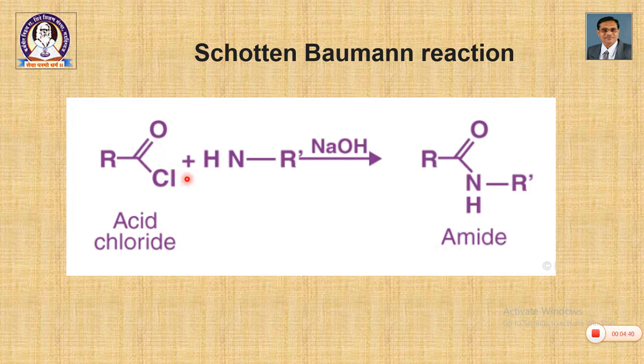With an aliphatic secondary amine, NH, you have this possible reaction. The reaction is RCOCl, acid chloride, and the secondary amino group NH with R1 and R2 in this particular case. So, we get an amide once again. R dash are the substituents.